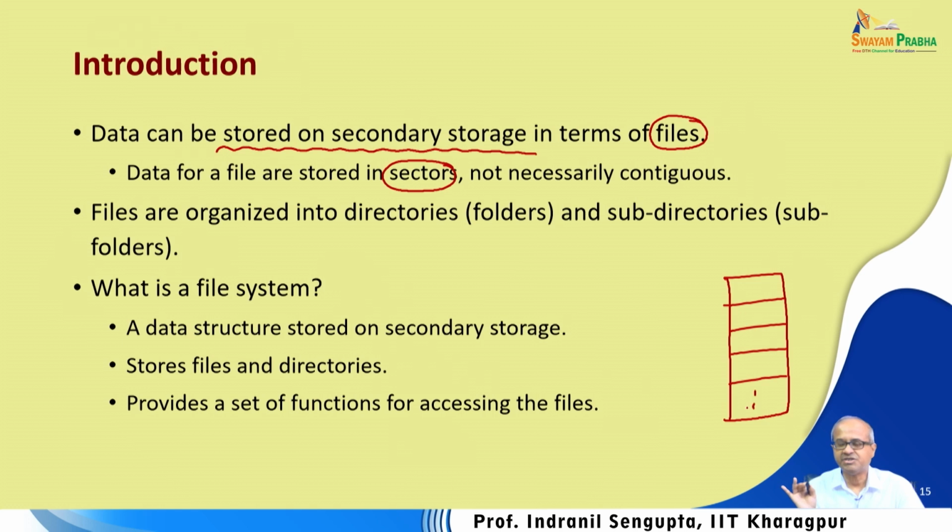Now, it is not necessary that all the sectors will be contiguous, one after the other. Depending on the available free space on the disk, some sector may be allocated here, some sector on the next track, some sector on some other track. Of course, it is desirable to have them on the same track so that you can read them much faster, but in general the sectors can be spread all throughout the disk.